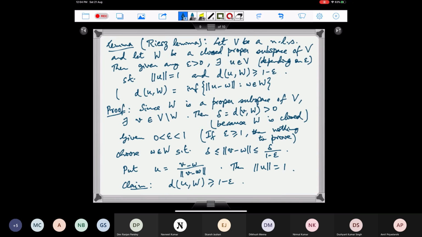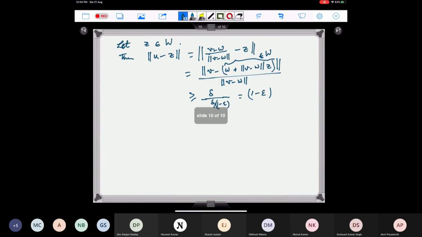So therefore, the distance of u to W, which is the infimum of norm u minus z for z belonging to W, is also bigger than or equal to 1 minus epsilon.